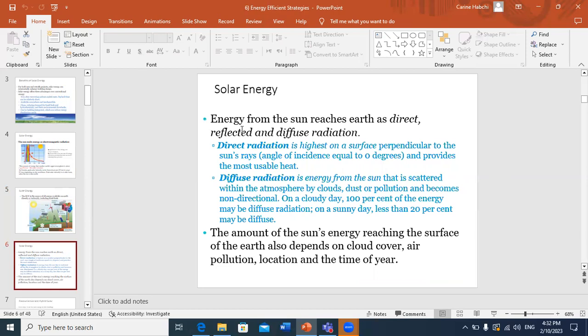Energy from the sun can reach the Earth in different ways: as direct, reflected, and diffuse radiation. Direct, as the name indicates, is whenever the solar flux is transmitted from the atmosphere to the Earth. The reflected one: we discussed greenhouse gas effects.